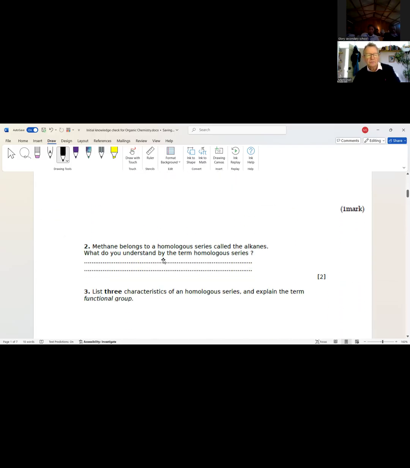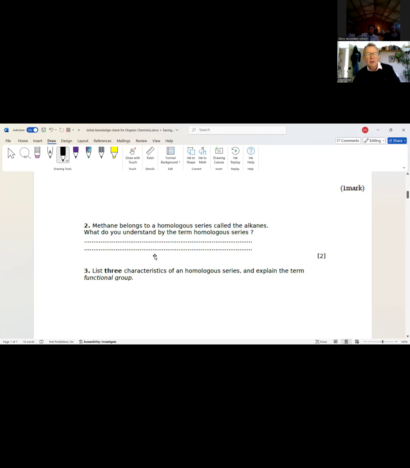Next question. We've just dealt with what a homologous series is. Let's make sure we can write it down properly. It's okay to call it a family. So what do they all have in common?